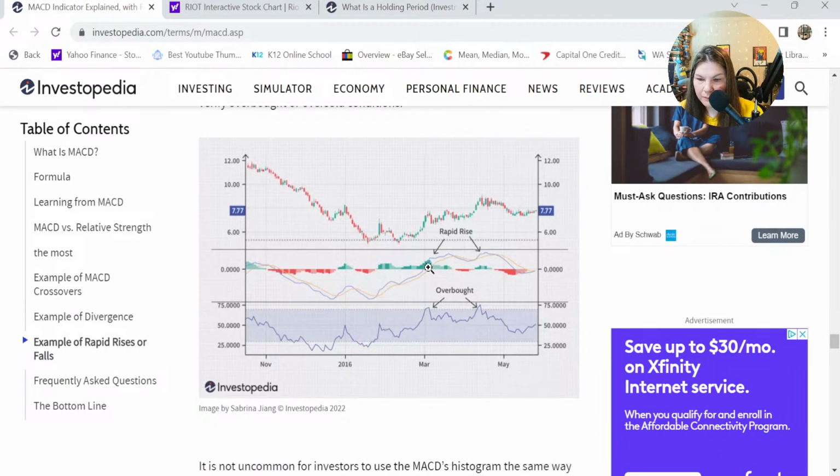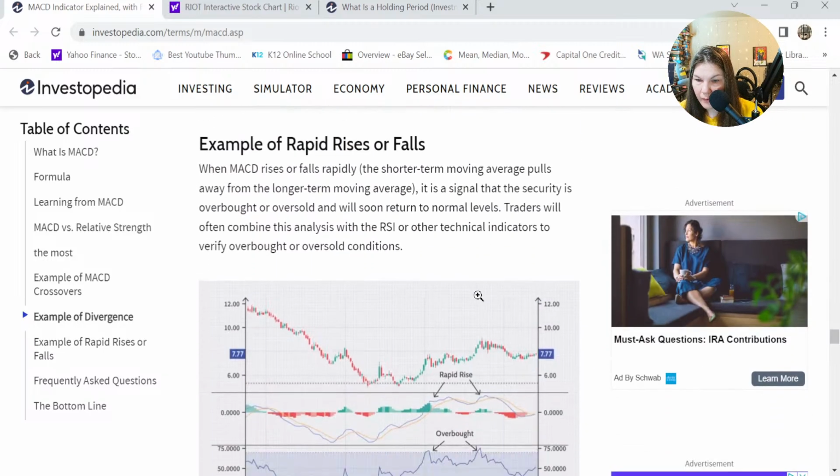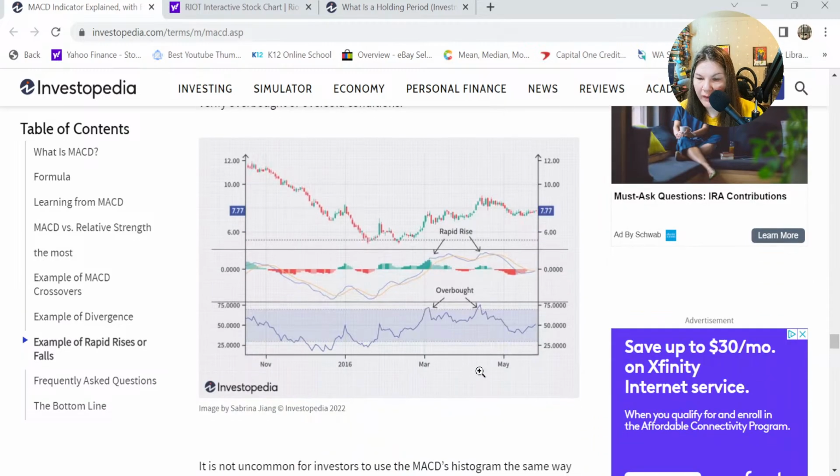So we can see here that it rose. This is the RSI. And this is the MACD. So here and here, they were rapid rises and they were overbought. It's a signal that the security is overbought and will soon return to normal levels.